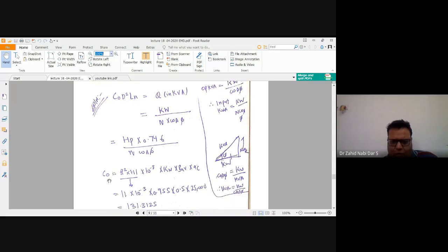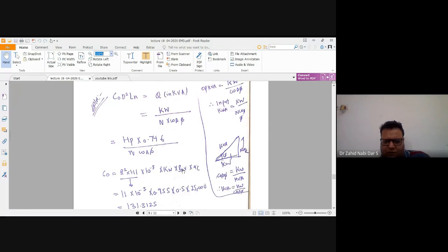Now we know C naught is pi square into 1.11. If you multiply pi square with 1.11, it comes almost around 10.96, so you can safely assume it as 11. So this is 11 into 10 power minus 3, and here you have your kW value, the winding factor, which is given as 0.955.